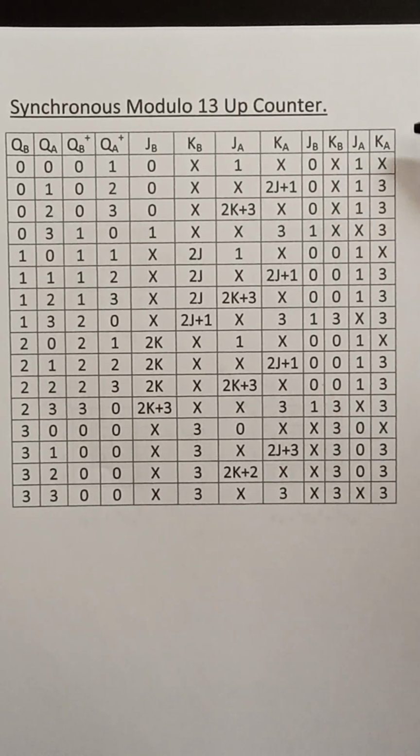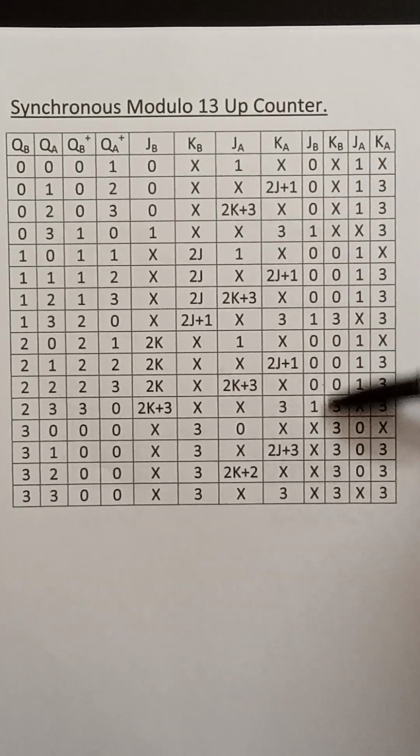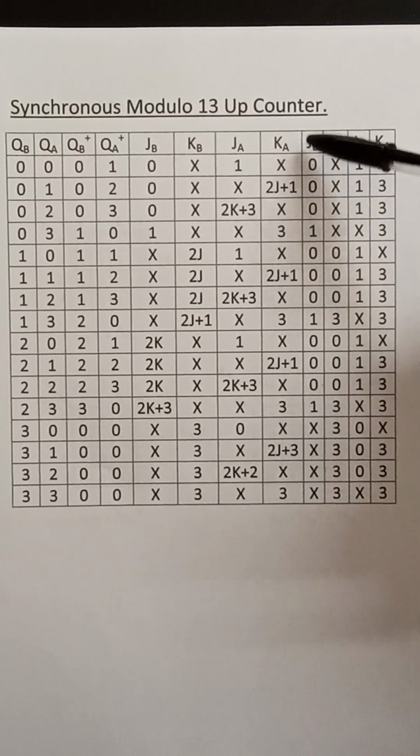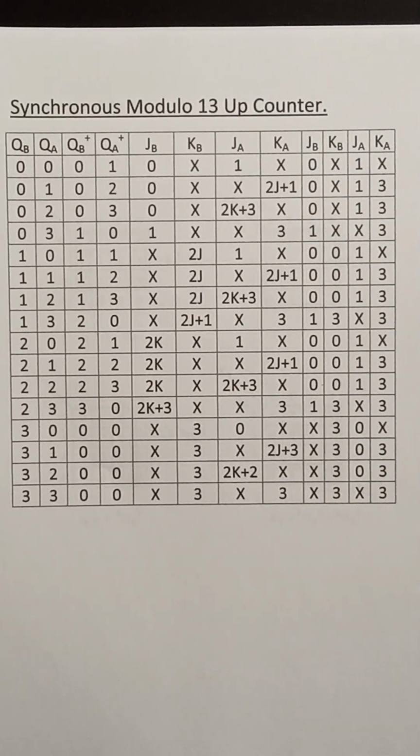So I've filled in the excitation table here, and what I've done is I've worked the J's and the K's out in this column here. I've kept the X's where it's appropriate to find an X, and I've made the KA, JA, KB and JB 2-valued, as you know, because that simplifies the logic and the counter maps, the logic design.